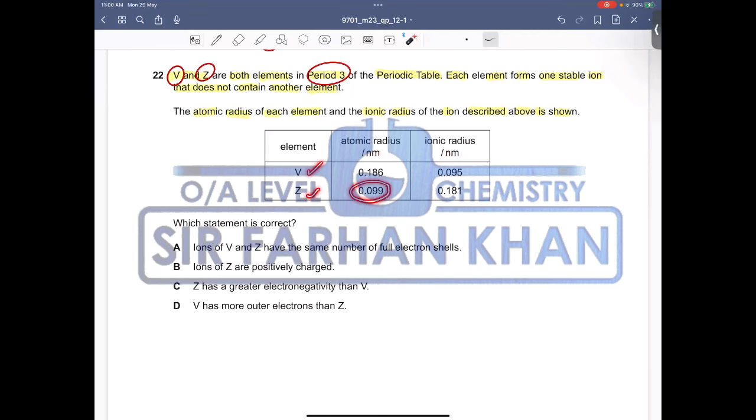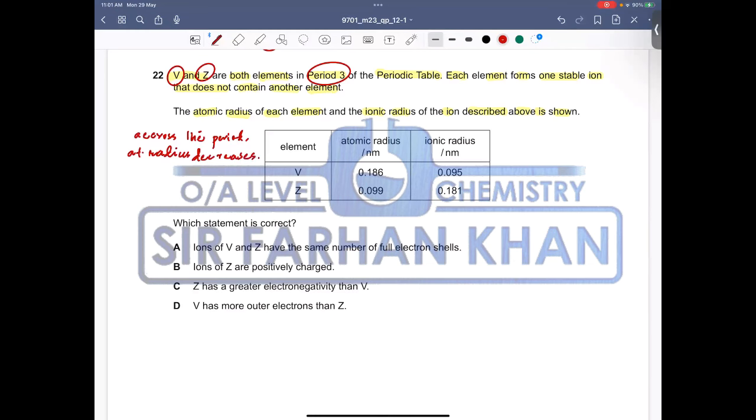So first of all, across the period, atomic radius decreases.